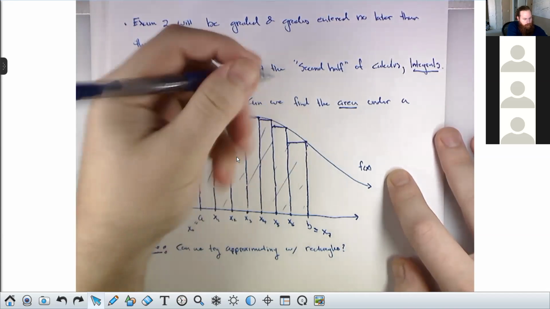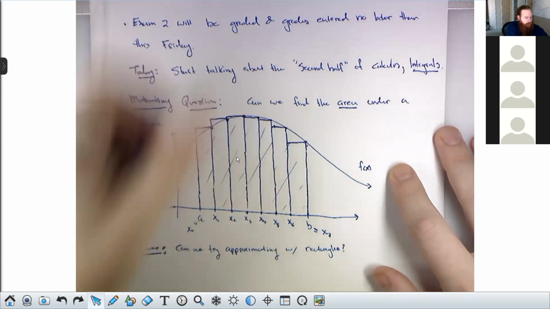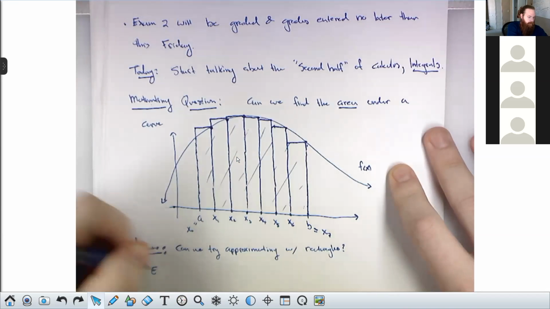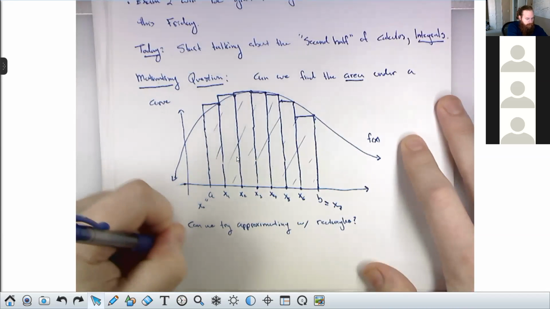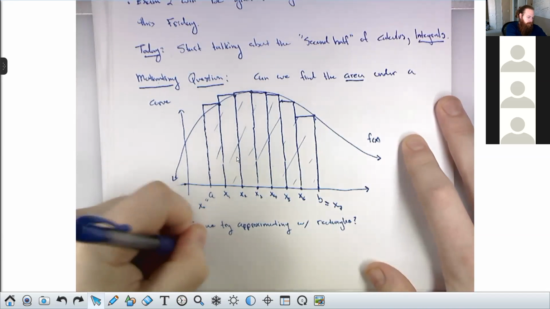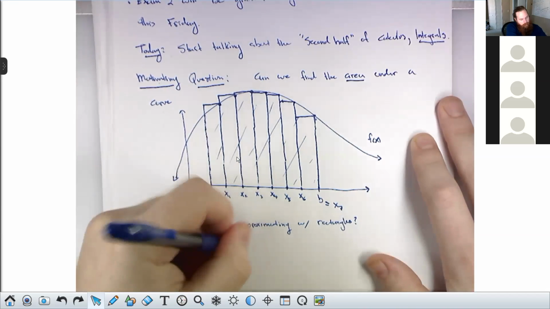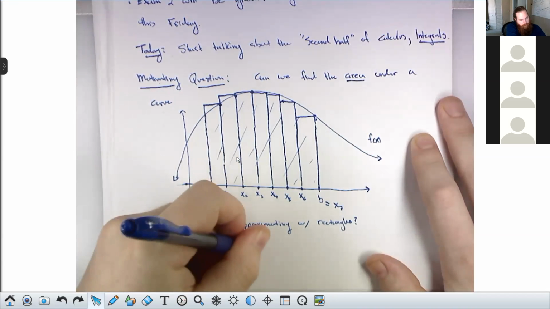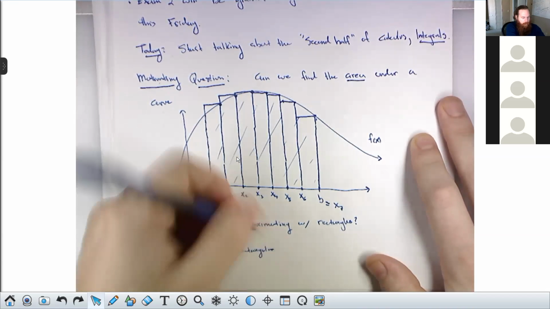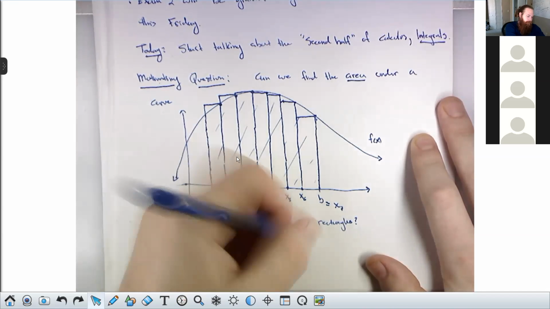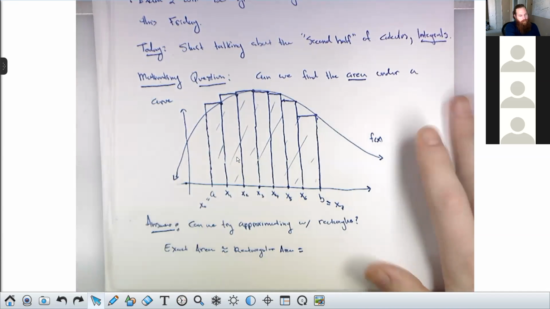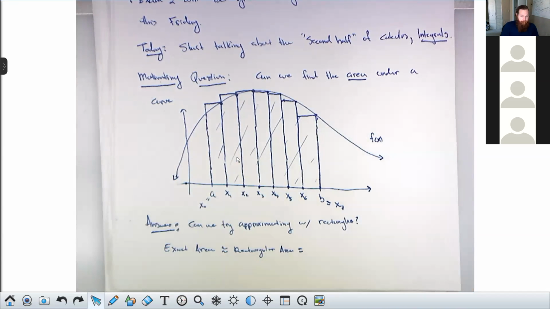So the exact area is close to the rectangular area, which is, well, each of these heights and each of these widths need to be calculated, and then we multiply them.